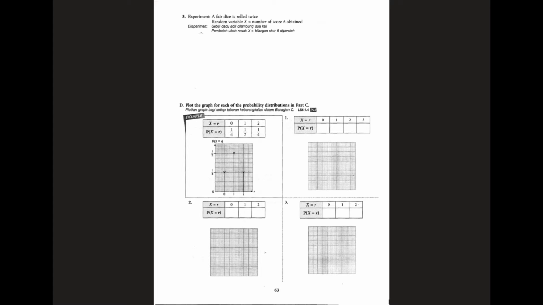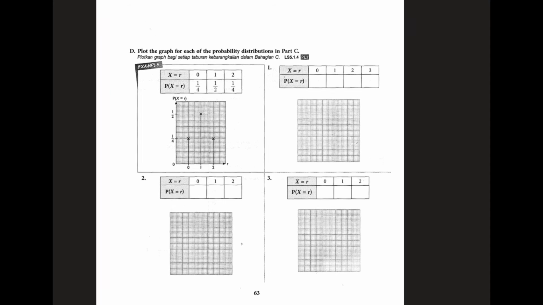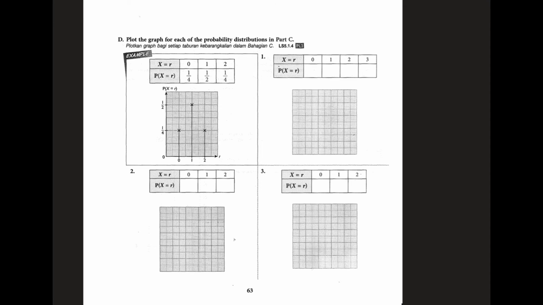Okay, now we look at part D. Plot the graph for each of the following probability distributions in part C. You can see our table just now. It's the same table from the part C example.